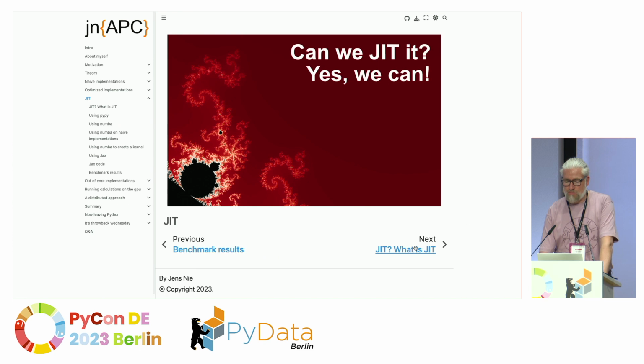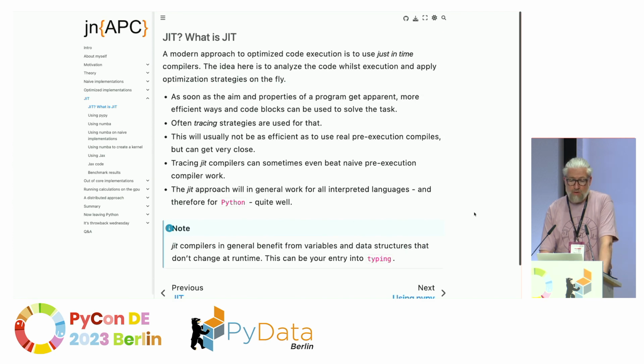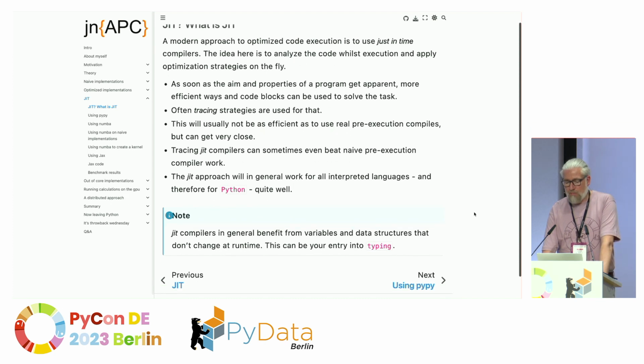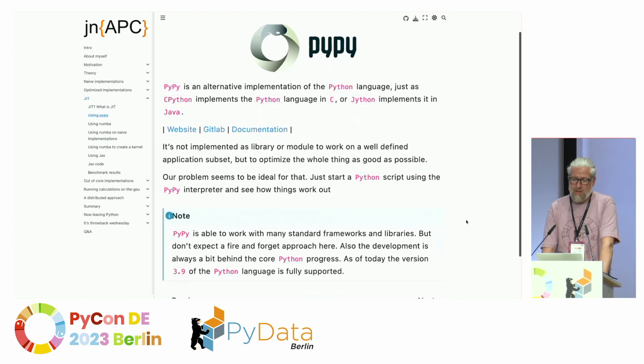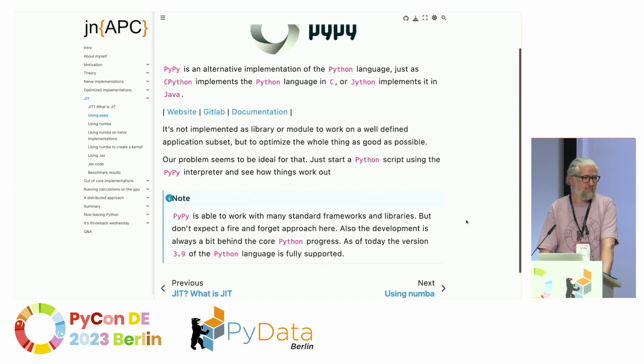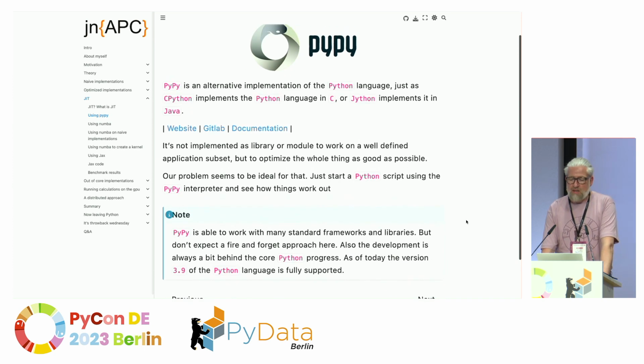The next thing that comes to mind, and that is a very modern approach, is jitting. So can we jit it? Yes, we can. There are a number of things that you can use for that. One that immediately should come to your mind is using PyPy. And that is a different implementation of the Python language.